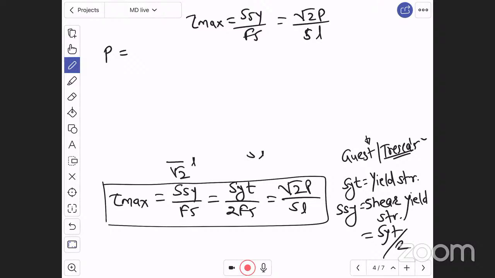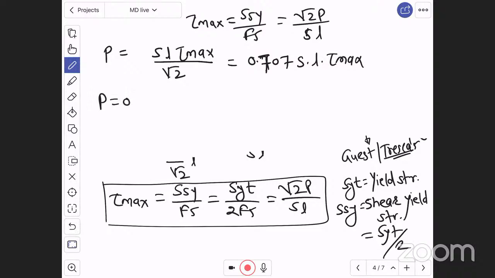Therefore P is equal to S into L into tau max divided by under root 2. If I solve this, I will get 0.707 S into L into tau max. Therefore P is equal to 0.707 into S into L into tau max.